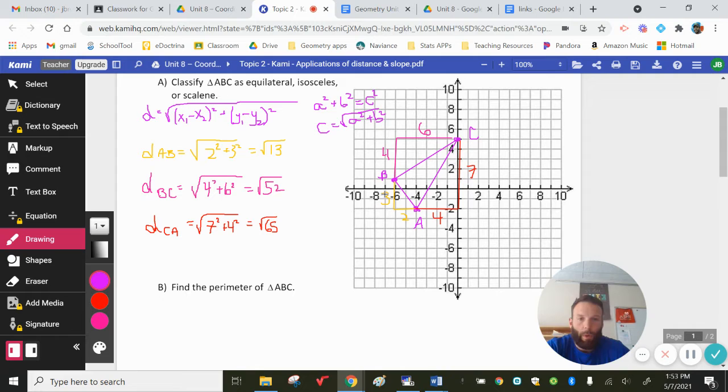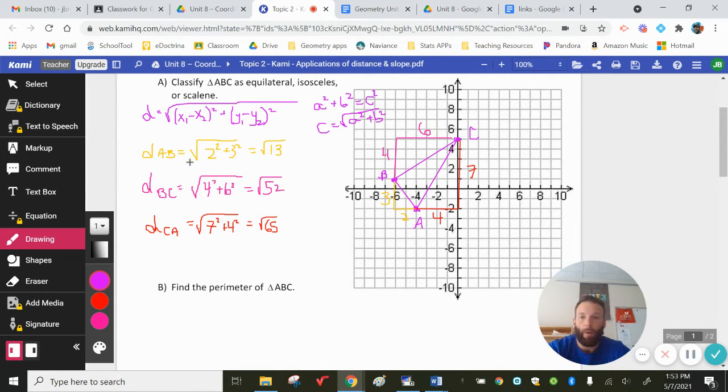When I'm using the Pythagorean theorem, a squared plus b squared equals c squared, then when I'm solving for the length of that hypotenuse, c is the square root of a squared plus b squared, which, if you paid attention going through that first activity, is exactly where the distance formula comes from. It's a squared plus b squared that gets you that distance.